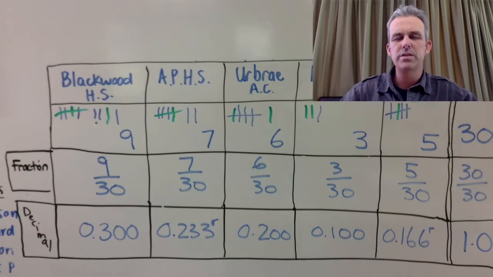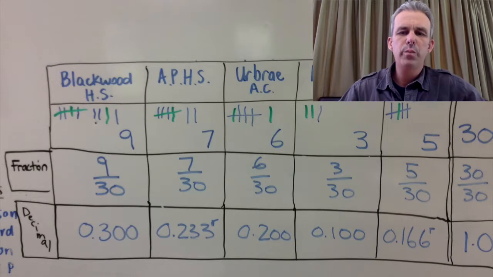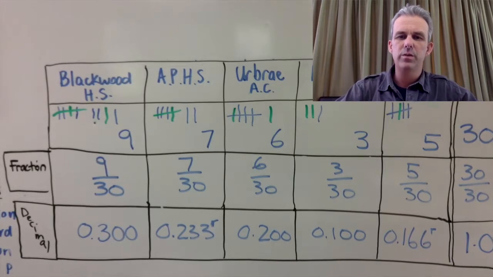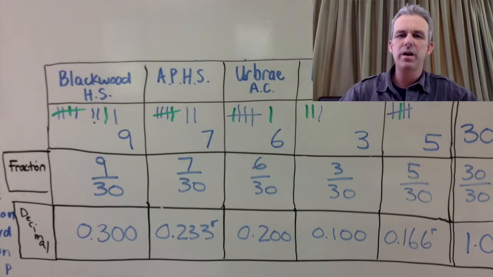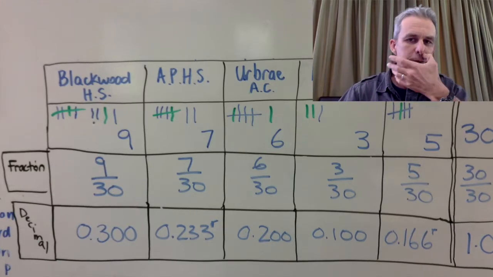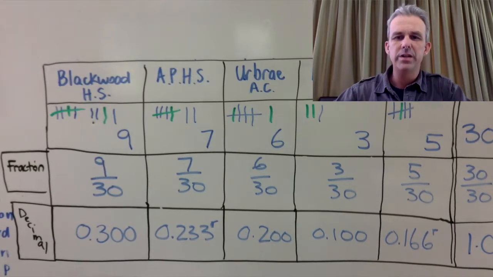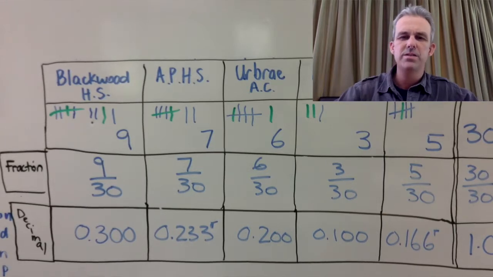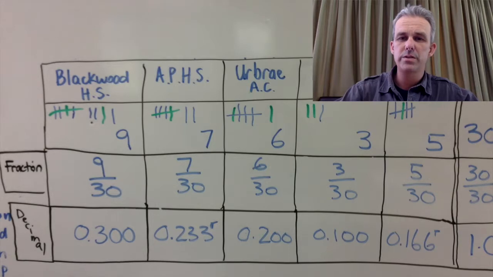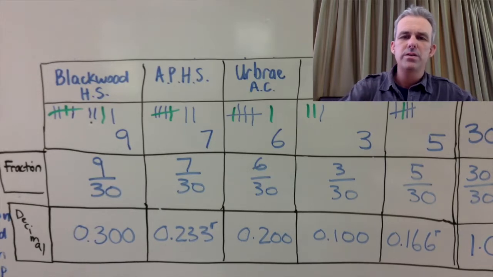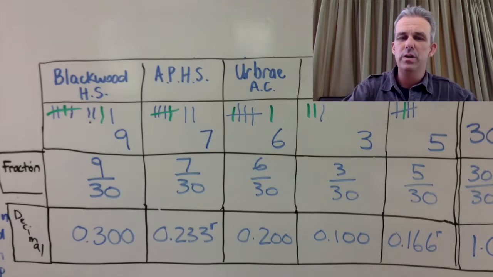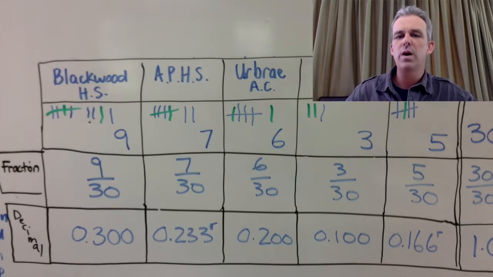So after about 5 or 6 minutes, maybe 7 minutes, I pulled them up again, and we discussed that we wanted to get that percentage because that was a part of quite a lot of pie charts. So we put another intermediate row in to find the decimal, and then to find the percentage to 1 decimal point, or to the nearest tenth. We had the discussion that the decimal results should all add up to 1.